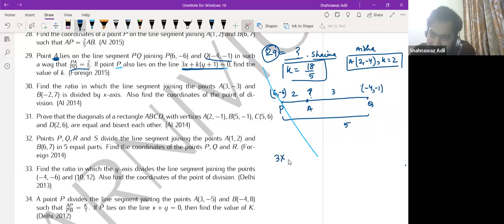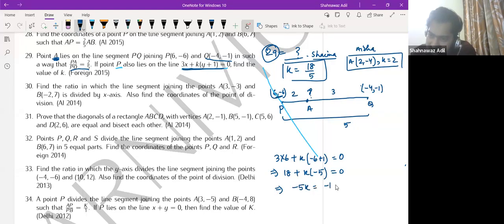And 6 plus k, and y is minus 6. Sir, K is minus 4 by 3. How are you getting that? Did you put this value in x and y, Amira? No, sir, let me check.